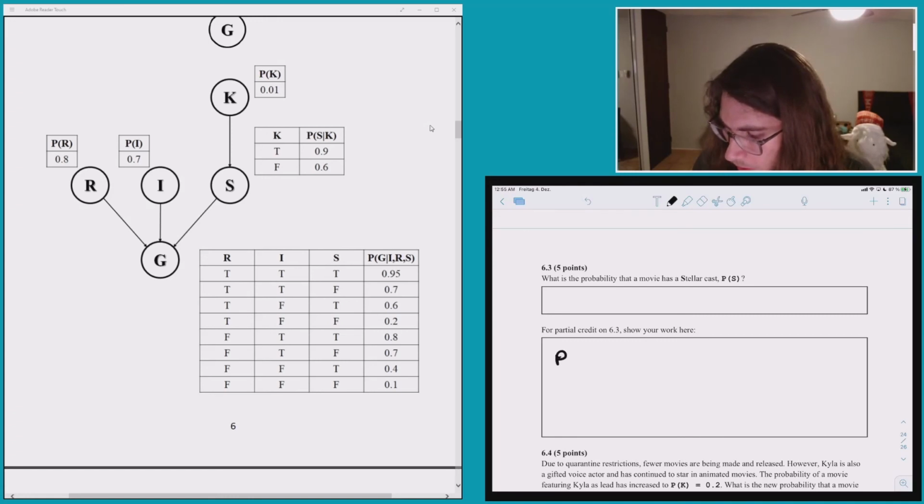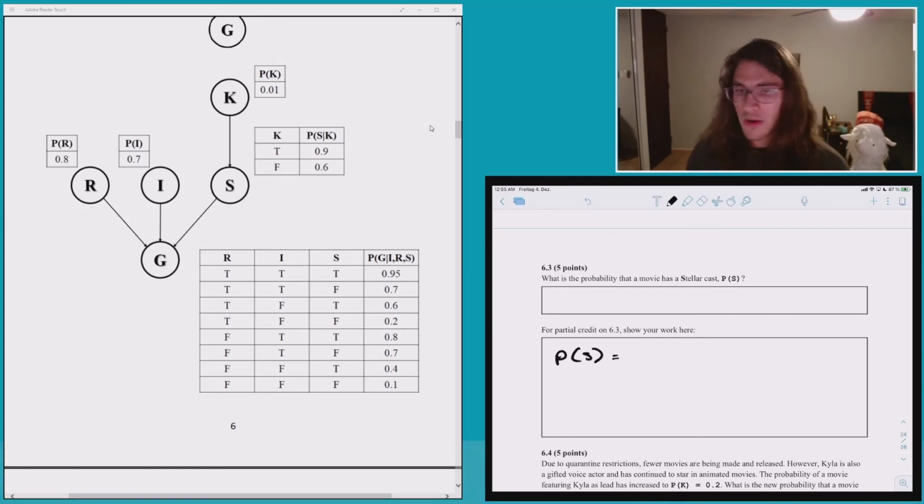If this equation is unfamiliar to you, I recommend that you go back to recitation 5, take a look. So I need the probability that S is true, and I have the probability table S given K. But what I'm missing is the probability that K is true.